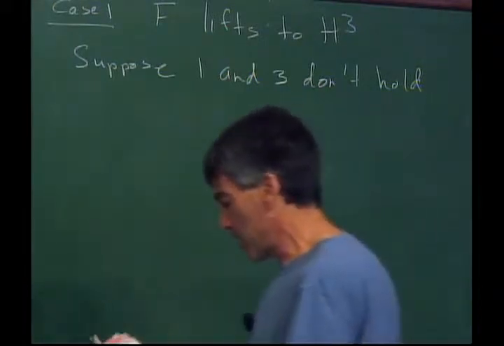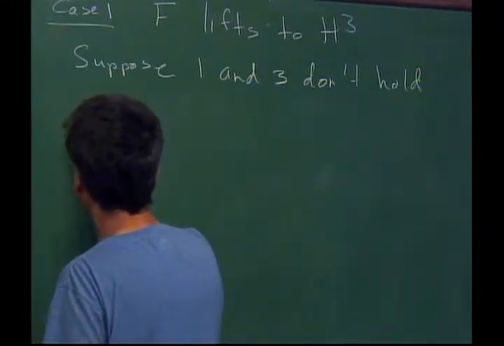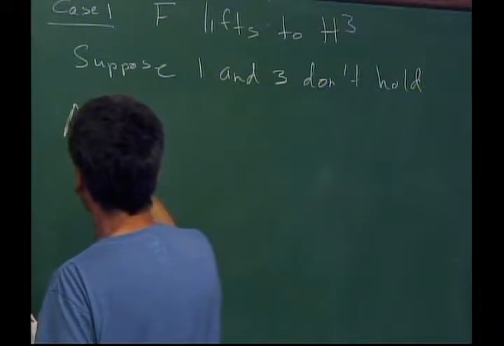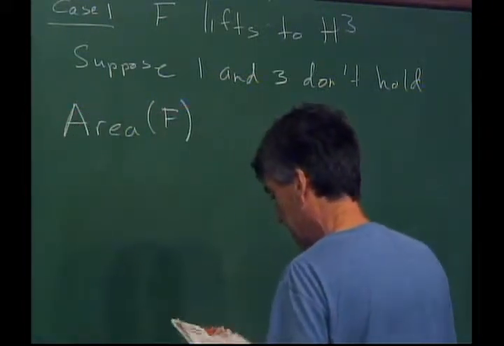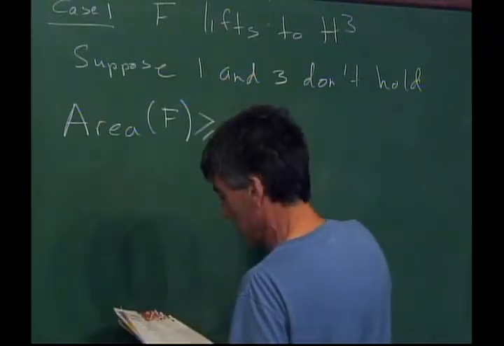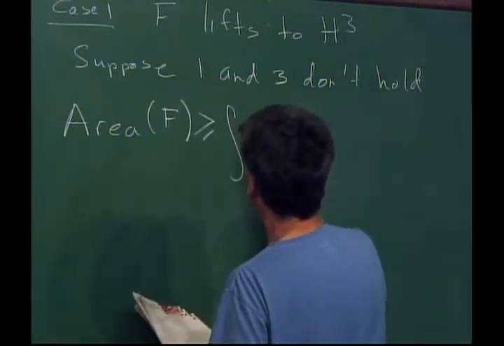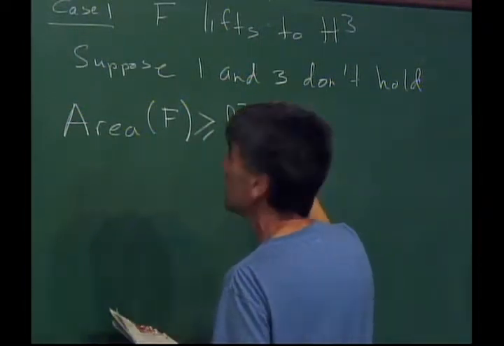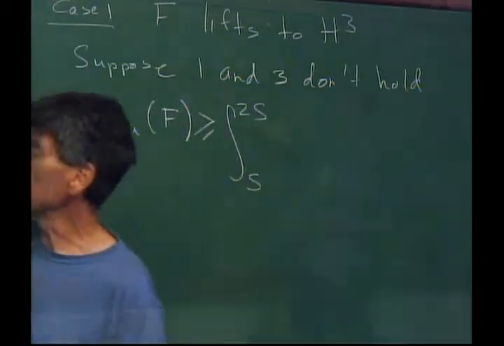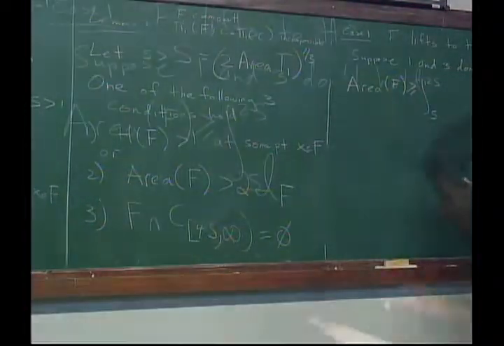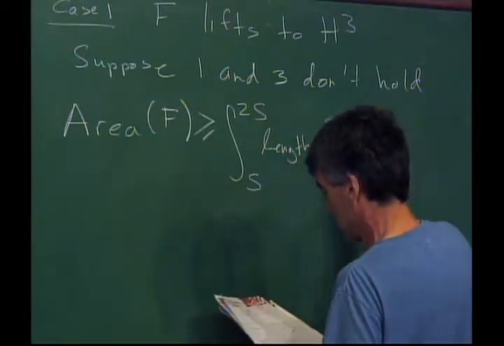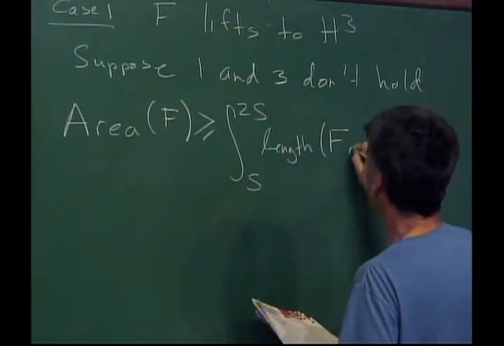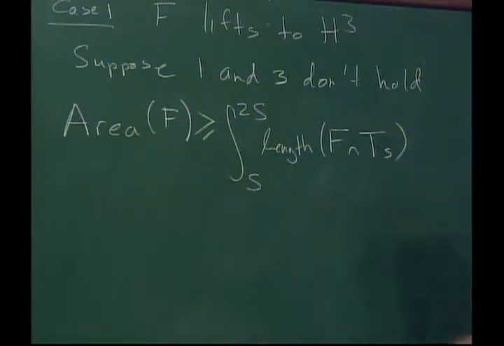And we do that just by computing the area. The area of F by the co-area formula is bigger than the integral from s to 2s, and I'm assuming that s is bigger than this constant, of the length of F intersect the torus at height h.